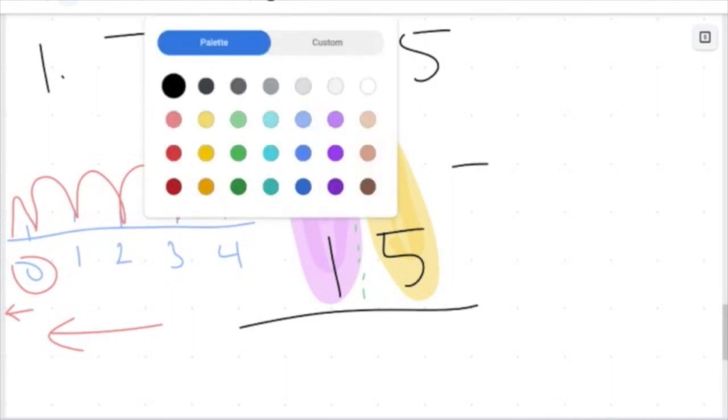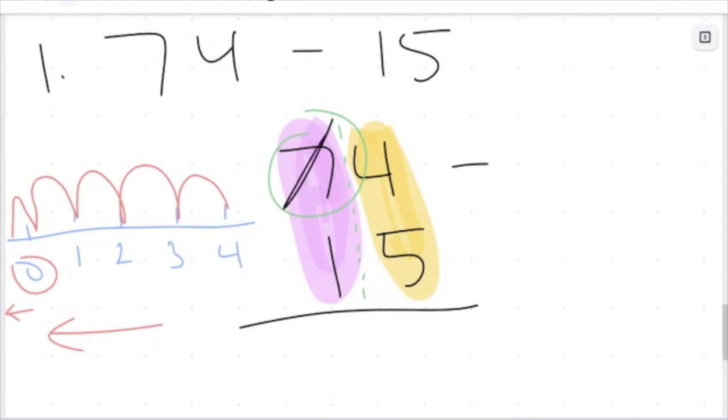Now, what I can do is borrow a 1 from this 7 in the tens column and bring it over to my left column. So my 4 is going to become a 14. If I've taken away 10 from this 70 to get 14, this 70 is going to become 60.